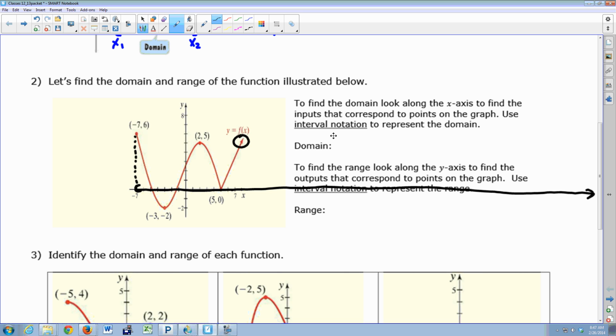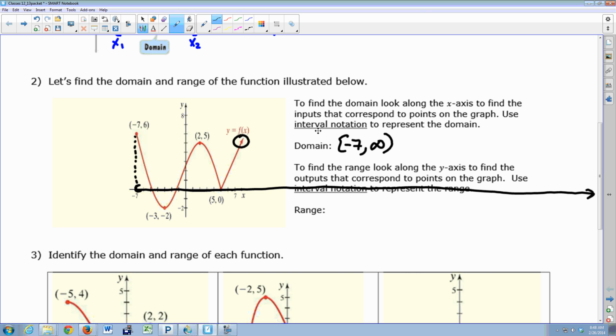Your smallest value can be -7, but then there's no limit because this graph continues to go. So the domain, I write in interval notation: I include my -7, put a comma, and then put infinity with a parenthesis.